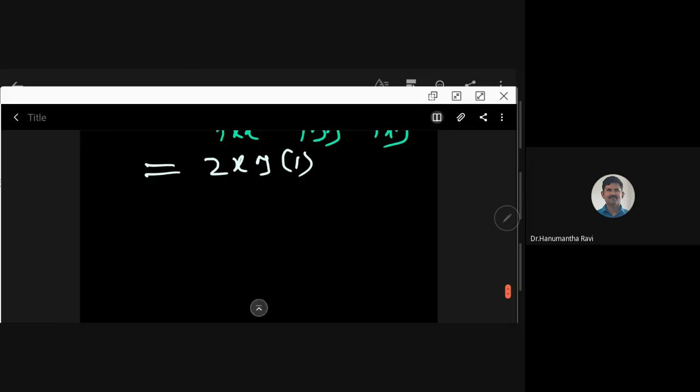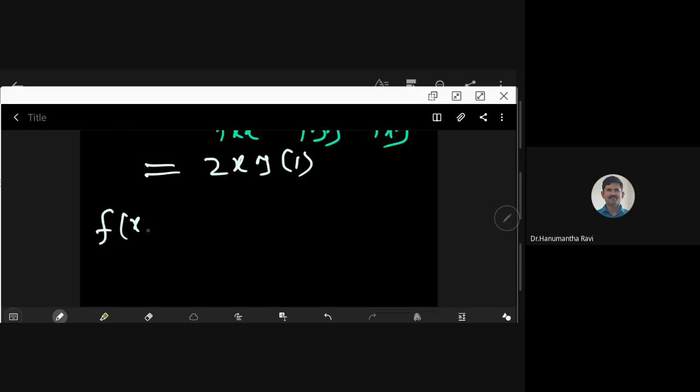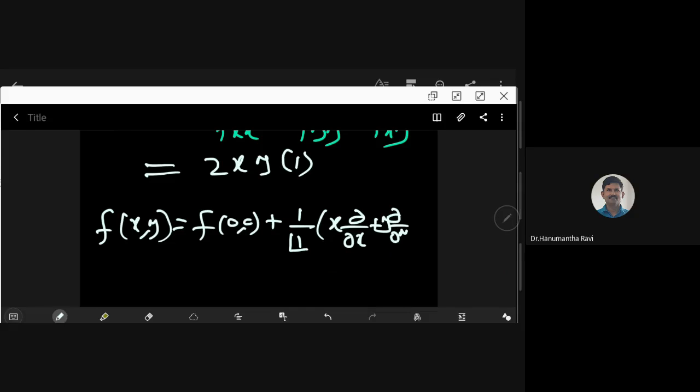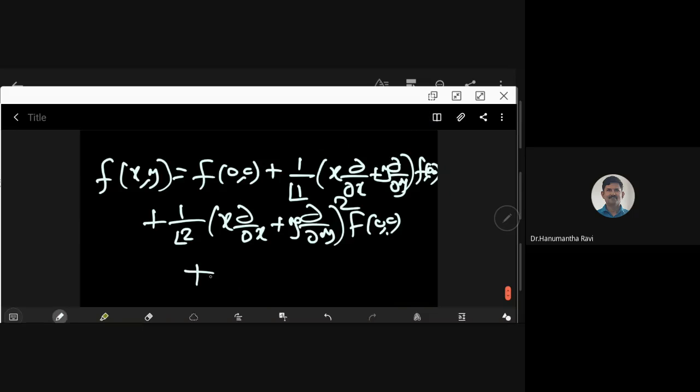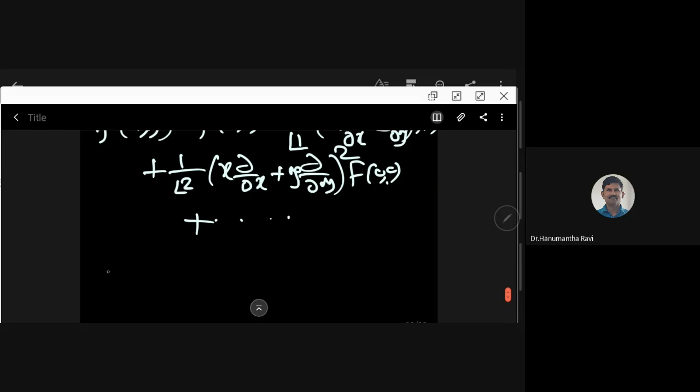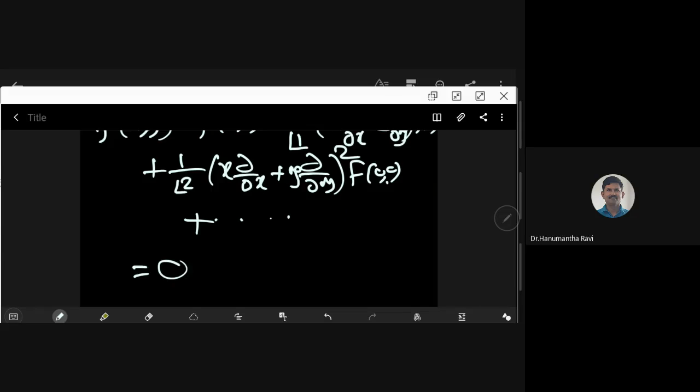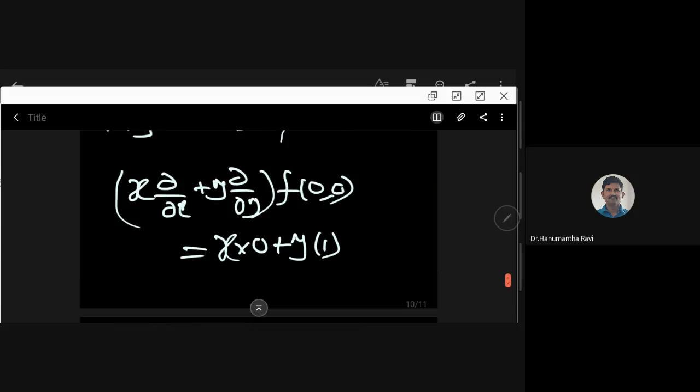So required expansion is 0 plus 1 by factorial 1 into the first bracket, plus 1 by factorial 2 into the squared bracket, plus etc. So this is further equal to: first term is 0, second term is y.